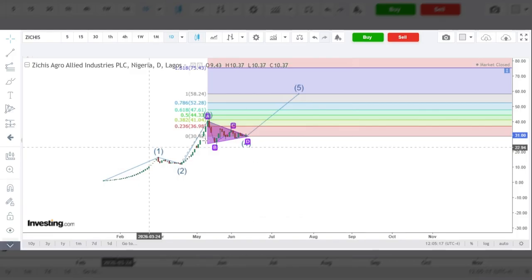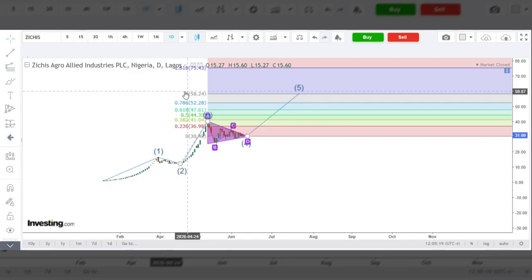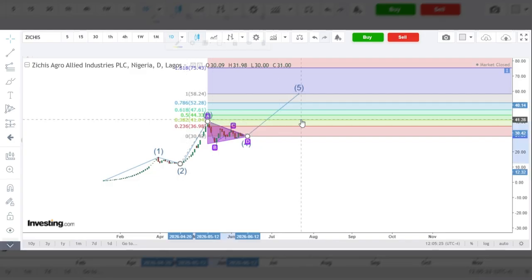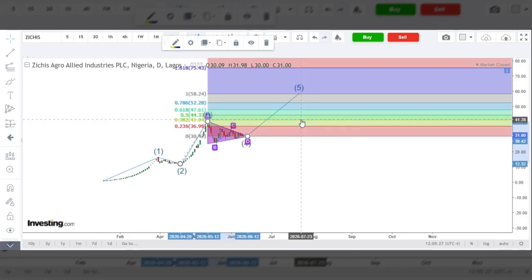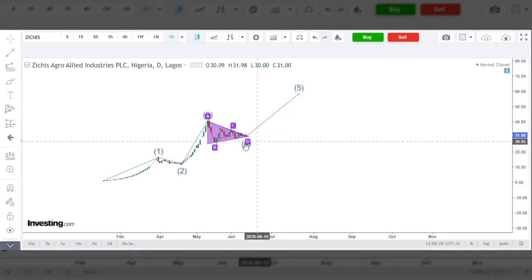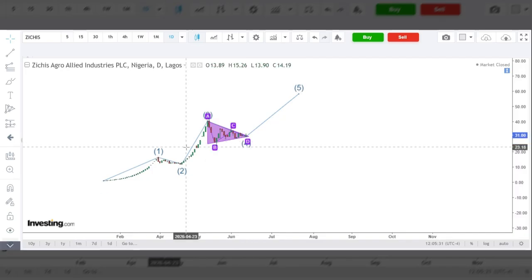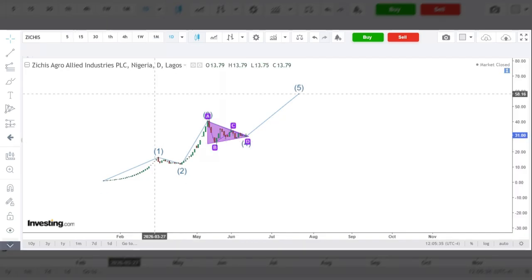Normally, let me see. Maybe I should bring up other indicators to the side. Okay. So Elliott wave actually helps you understand the overall market performance.